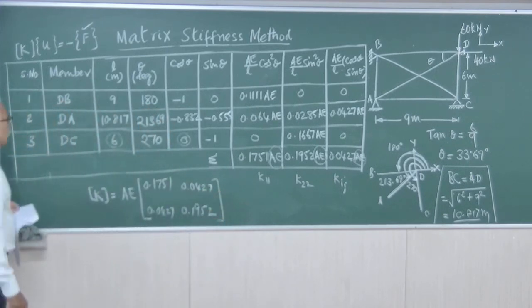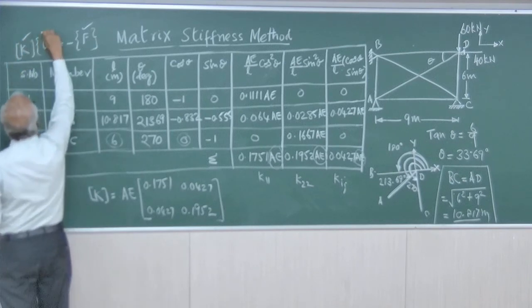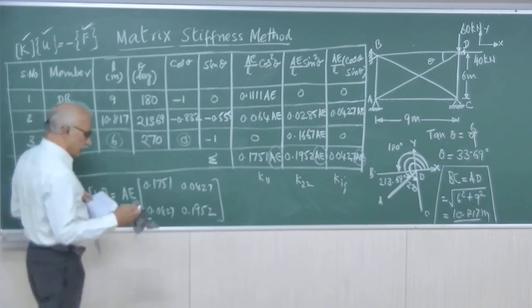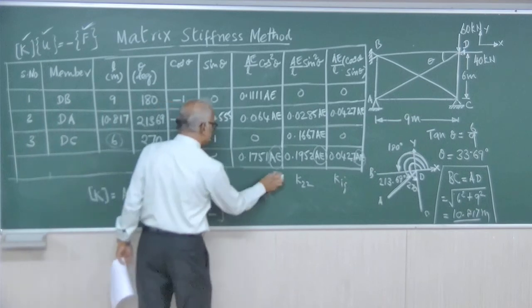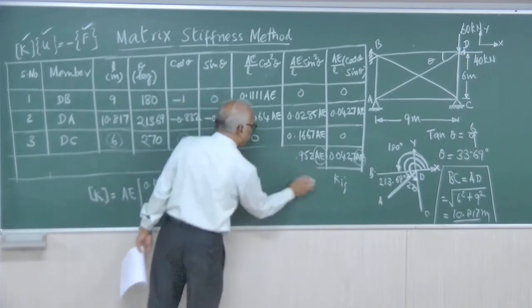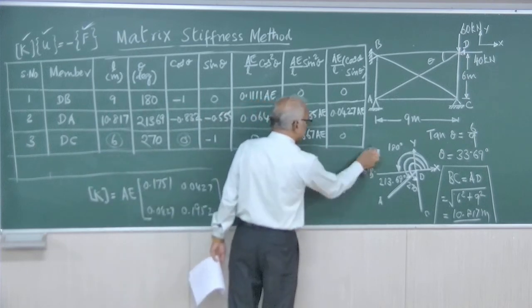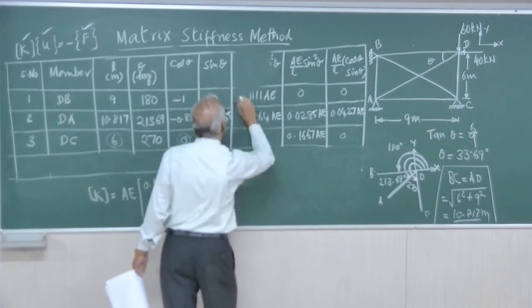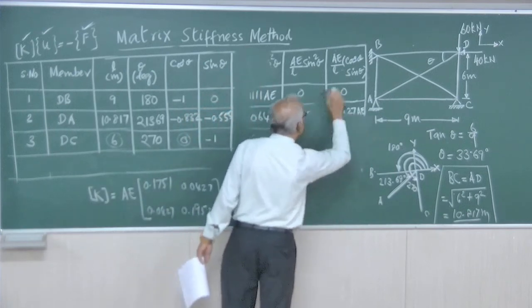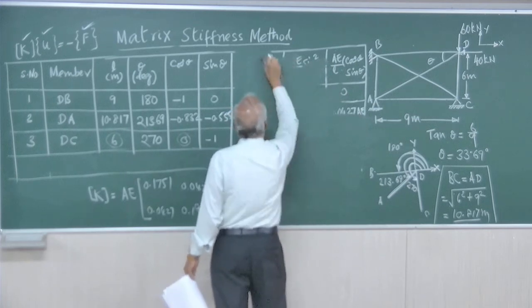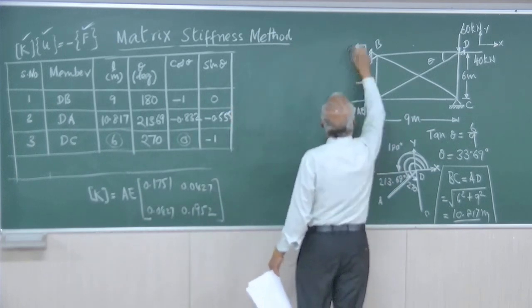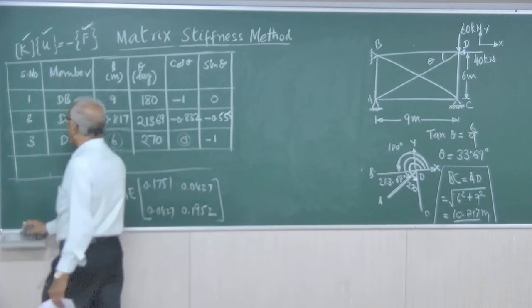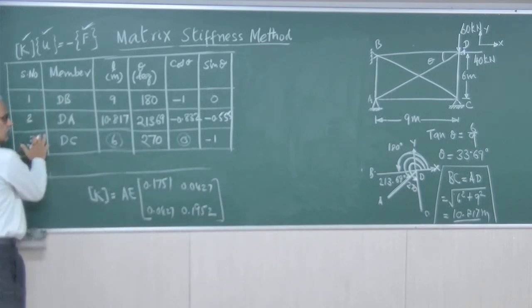Now, we know K into U equals minus F. Therefore, we know the equilibrium equation. I think we can rub off all these values. So, when it is only one joint, we can do the tabulation like this.